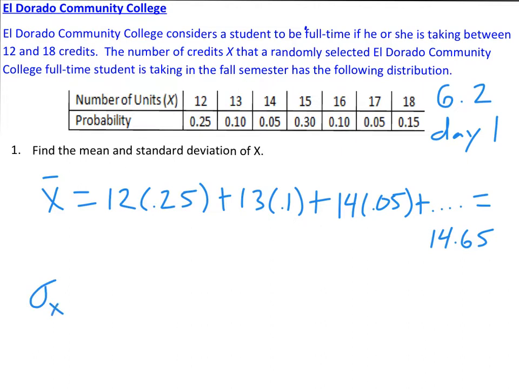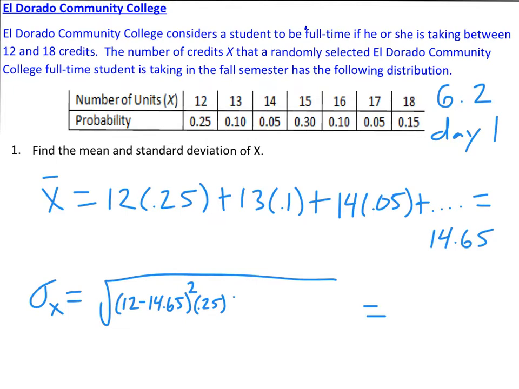Sigma, I'm just going to write out 2 of them. First outcome is 12. Take away 14.65 squared. Times 0.25.